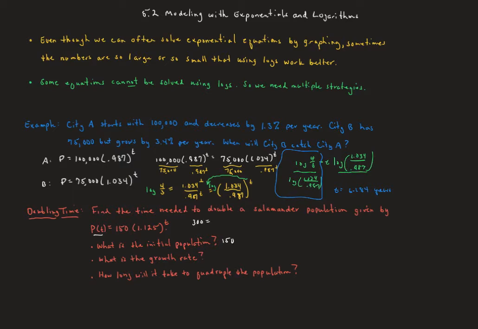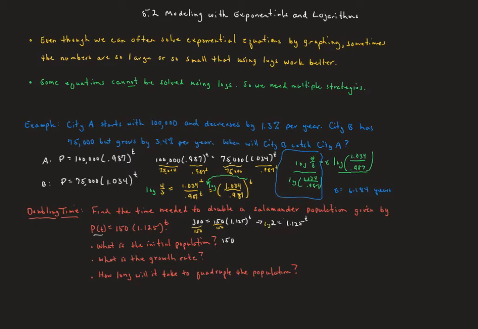So we put 300 in where the P is, and that's 150 times 1.125 to the t. We can divide both sides by the 150, and since 300 divided by 150 is 2, that makes 2 equal to 1.125 to the t power.